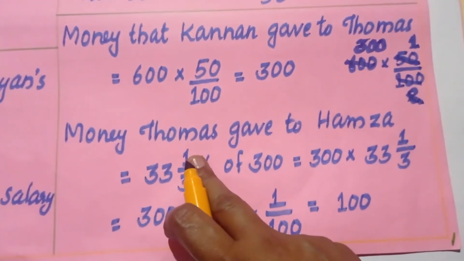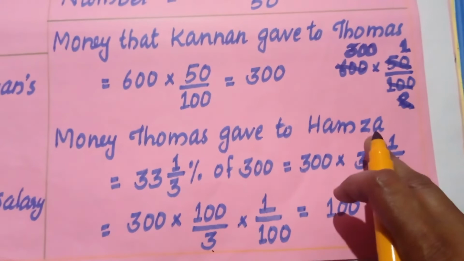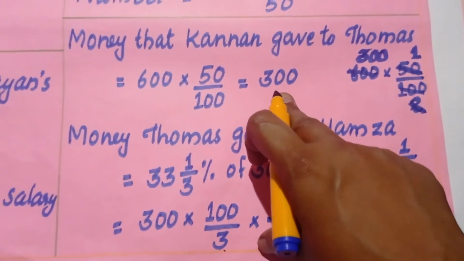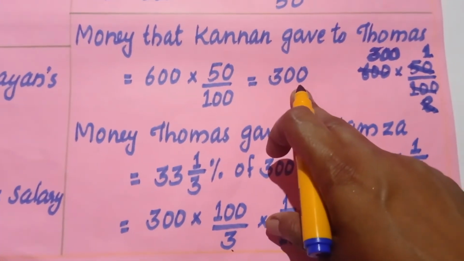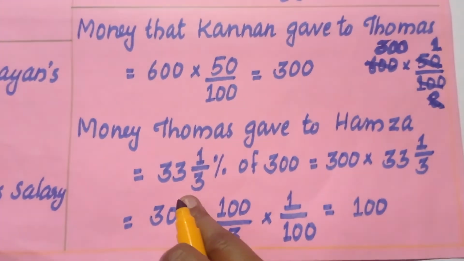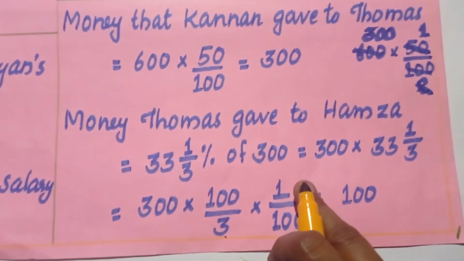Then the money that Thomas gave to Hamza. Thomas got 300 rupees. From 300 rupees, 33⅓% was given to Hamza.